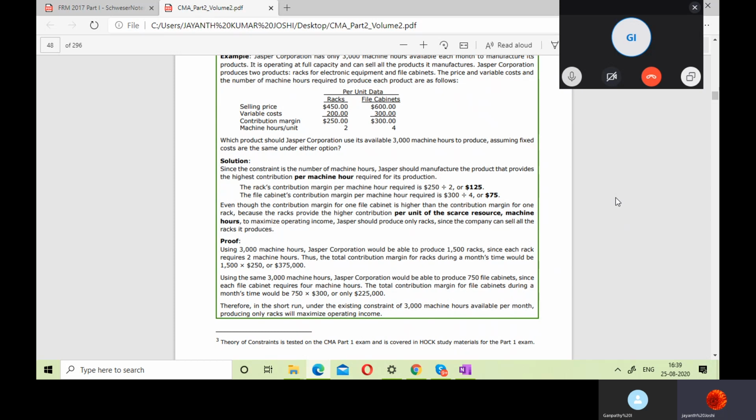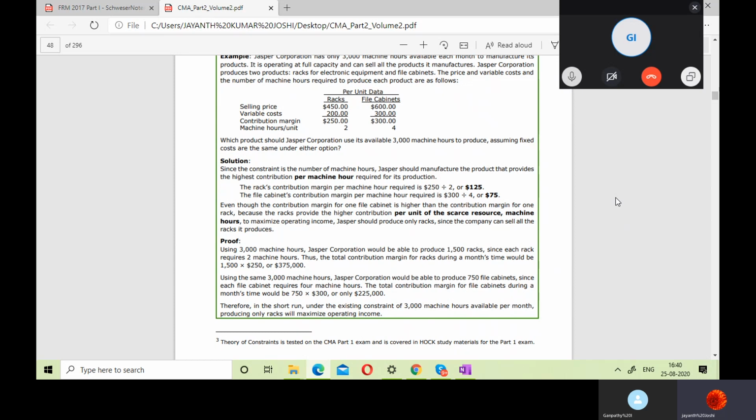But per unit of scarce resource, the scarce resource here being machine hours, when I found out the contribution per machine hour, I took the scarce resource into picture and saw that despite the scarcity, racks are giving me more contribution, because the racks provide the higher contribution per unit of scarce resource, machine hours.